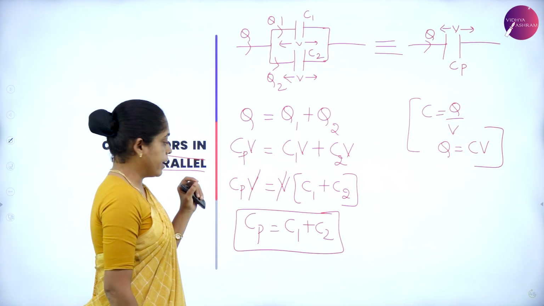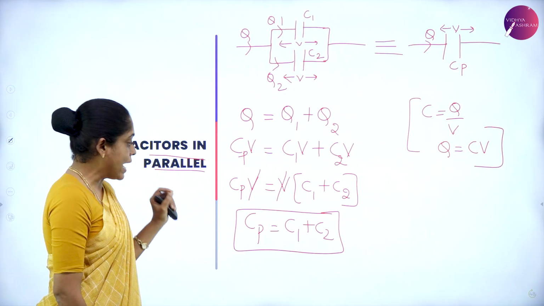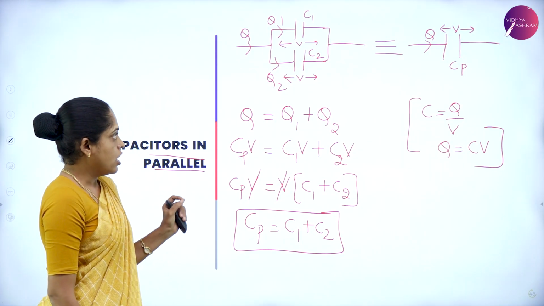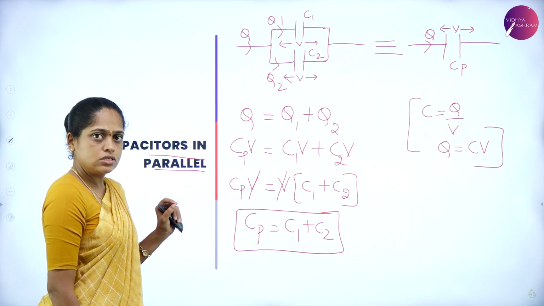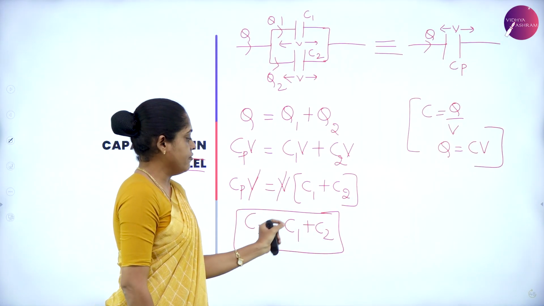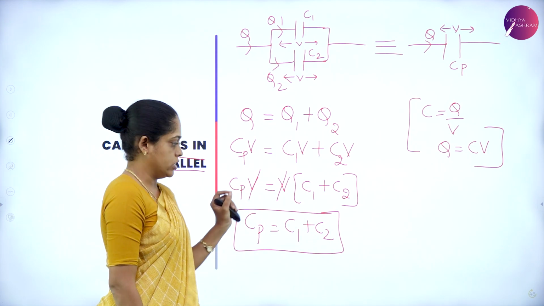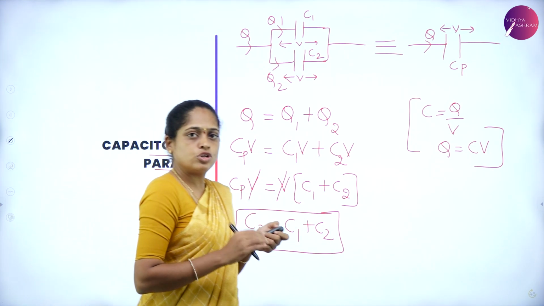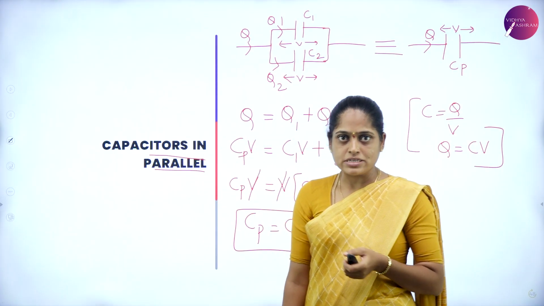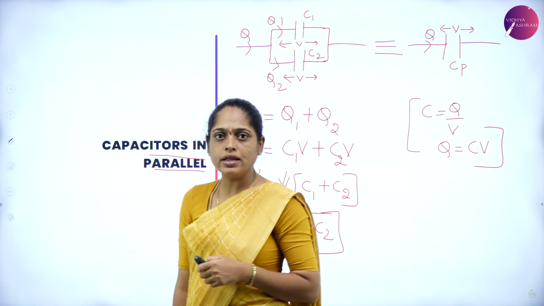This is the capacitance in parallel combination. So, if you want to find the equivalent capacitance for parallel combination, the formula is C1 plus C2. Now you know about the combination of capacitors, that is series and parallel.